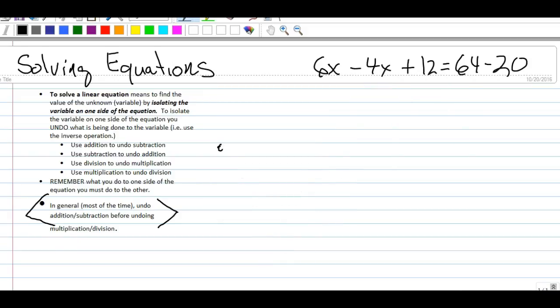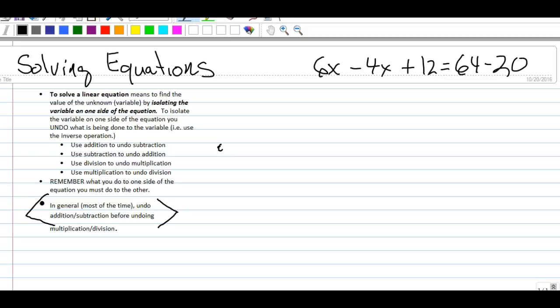We're looking at solving equations that are becoming increasingly a little more complex. So here we have 6x minus 4x plus 12 is equal to 64 minus 20. Now, before I go adding or subtracting or multiplying or dividing both sides of the equation by some number, I need to write the equation in its simplest possible form.